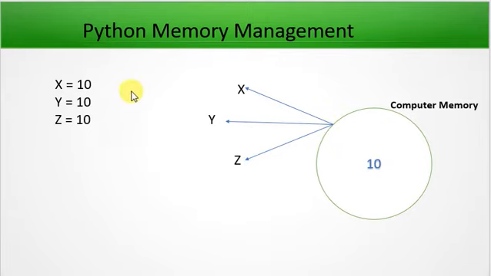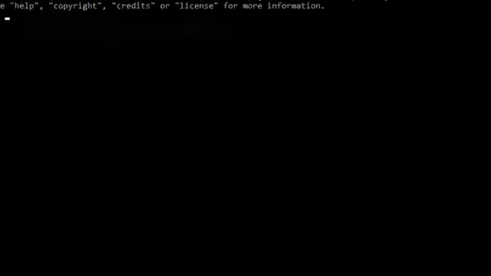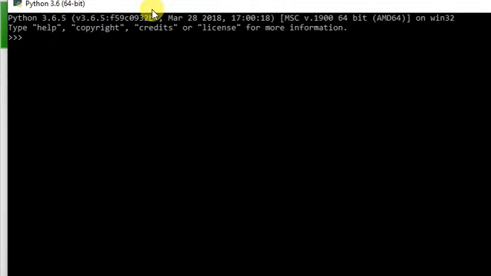We'll try to see this in the Python editor. Here let's say x is equal to 10, y equals 10, z equals 10. We'll try to see the ID of x. When I say ID of x, it gives me the memory address of x. So ID of x is 193037075504.